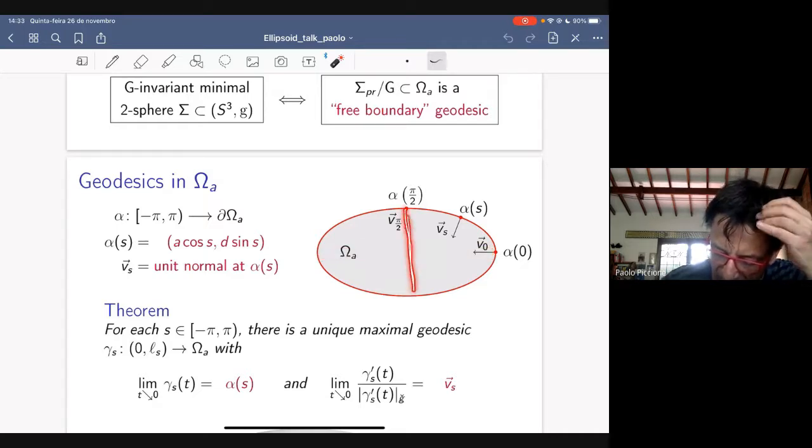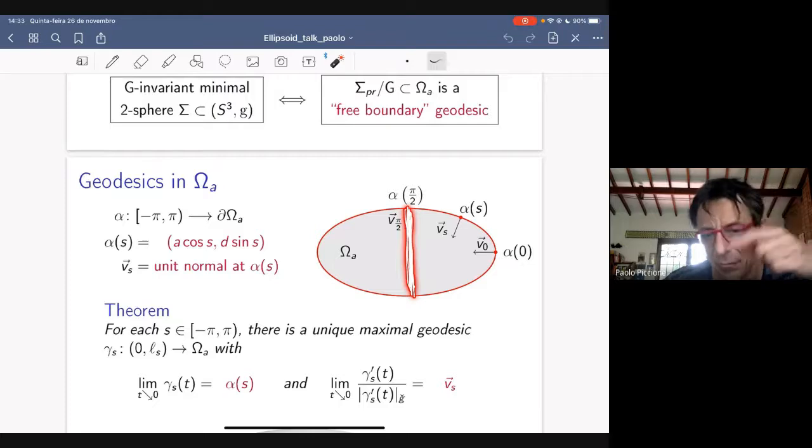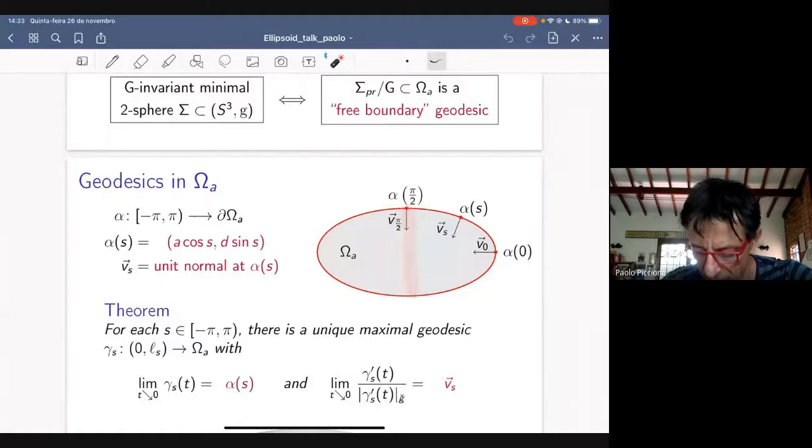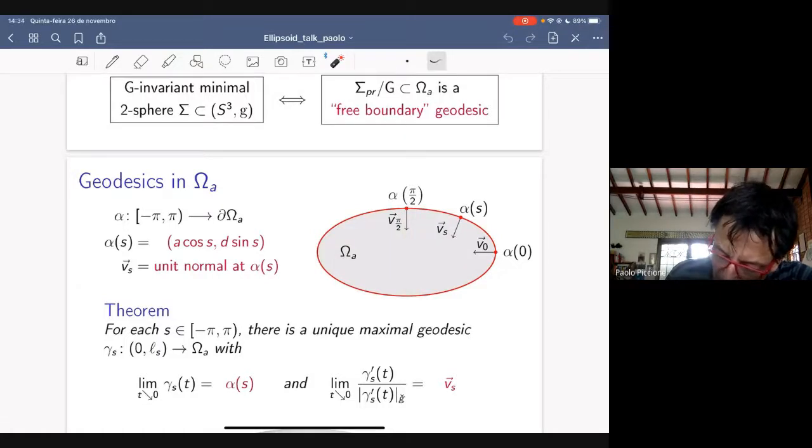And also this, for the same reason, is also a free boundary geodesic, which corresponds to another minimal two-sphere on the ellipsoid upstairs. So what we want is really now new geodesics that start orthogonally from here and arrive orthogonally at some other point. Maybe going like this, maybe going like this, or maybe like this.